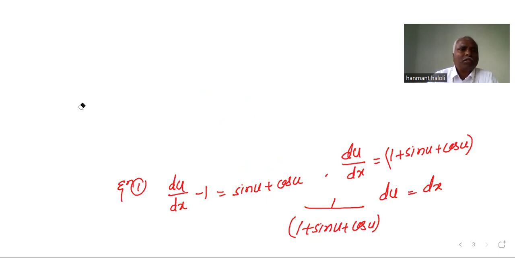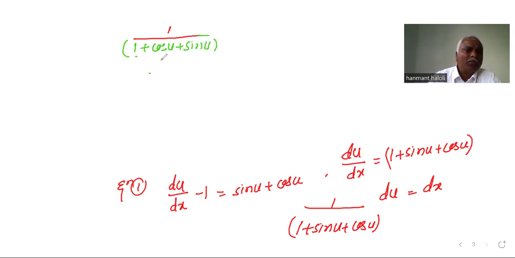Now, to convert this into solvable form, we have 1 upon 1 plus cos u plus sin u.